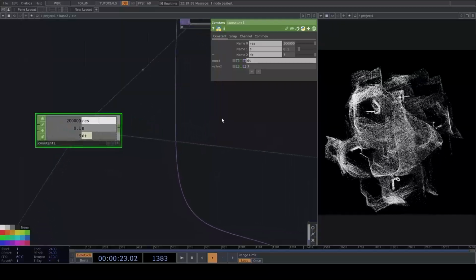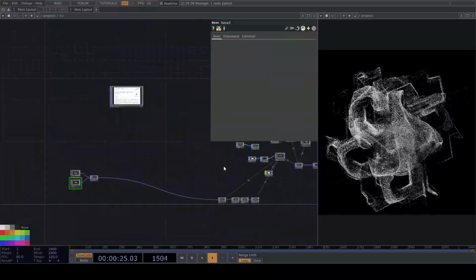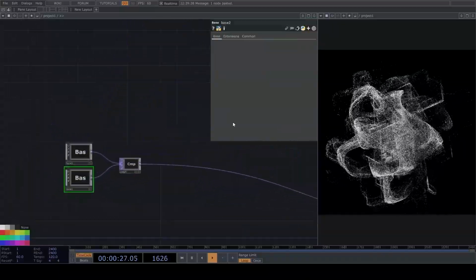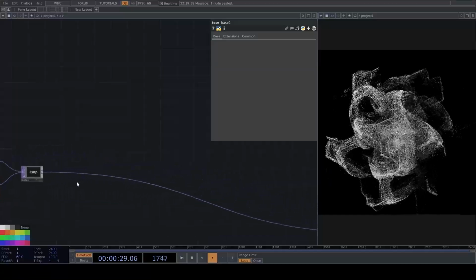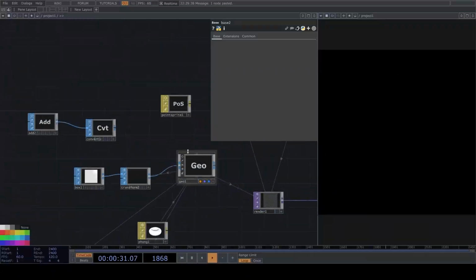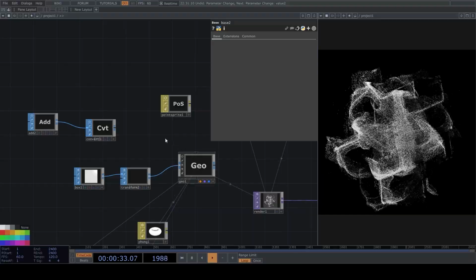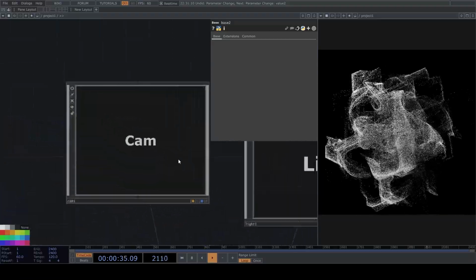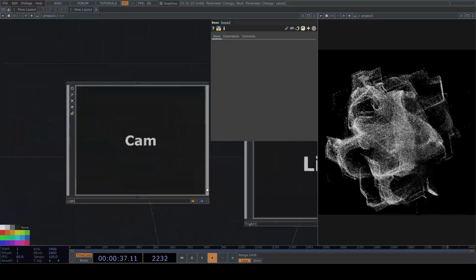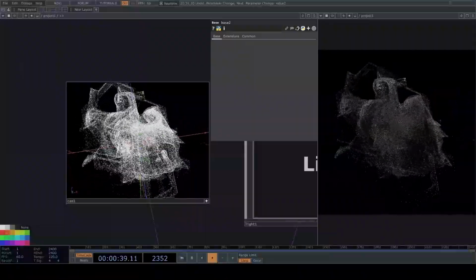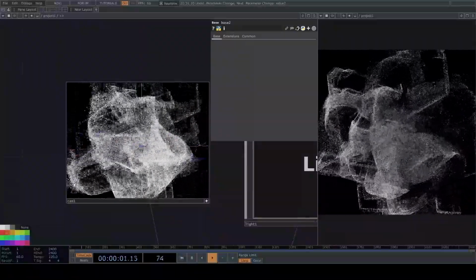So we could get something between, like, a blend between these two systems. Which could be pretty difficult to get using other ways.